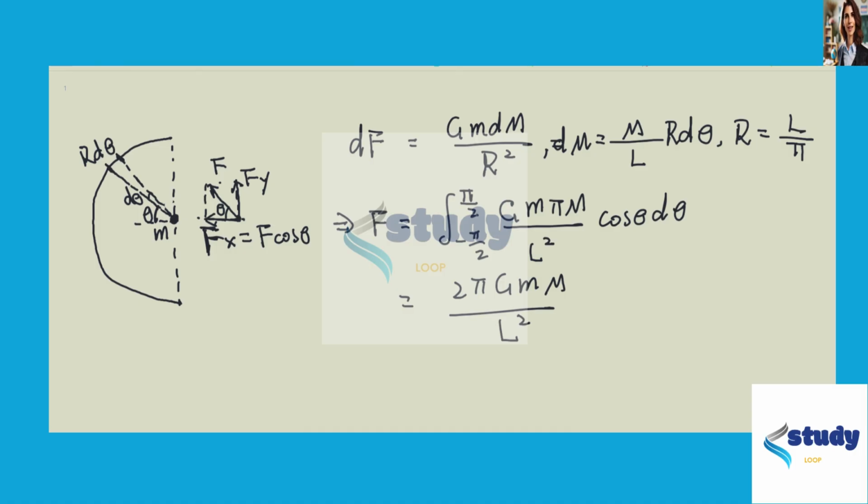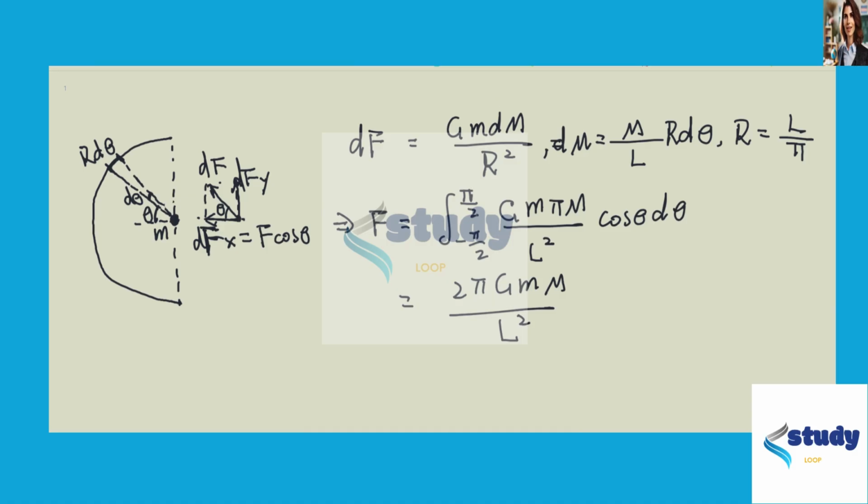So if we just look at this tiny part, suppose this angle is very small, it's just d theta. So the arc length of this part is r d theta. So the force coming from this part, the dF, is going to be equal to, due to the gravitational force, G, the mass of the mass point here, m, and the mass of this tiny part, dm, divided by r squared, this distance between them, right?